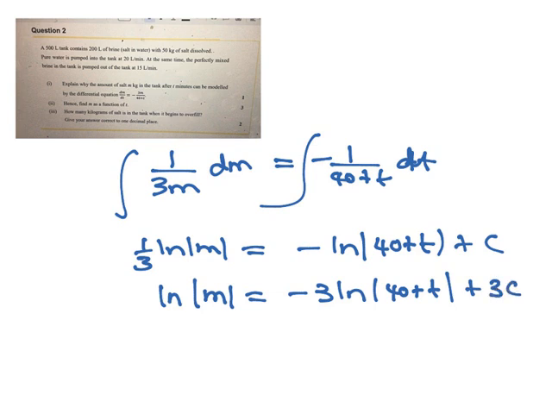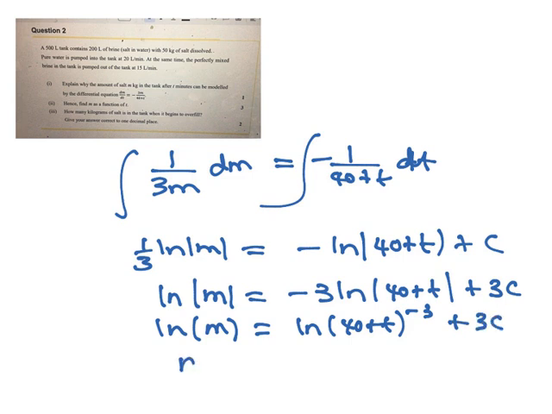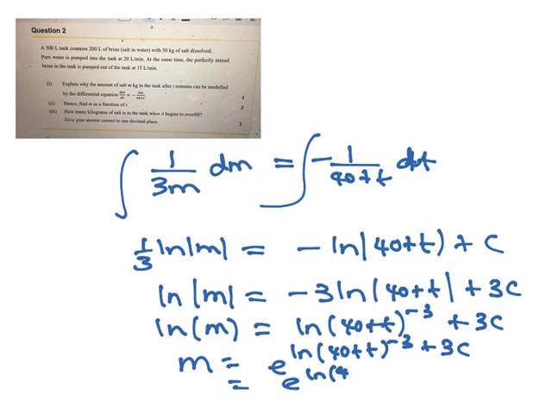I could change that to another constant, so ln m equals ln 40 plus t to the minus 3 plus 3c, and m equals e to the ln 40 plus t to the minus 3 plus 3c, which is e ln 40 plus 3t to the minus 3.